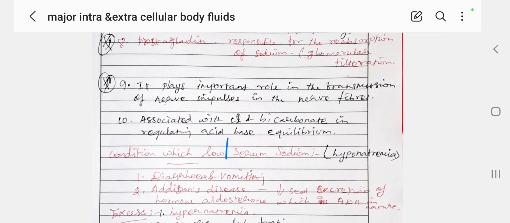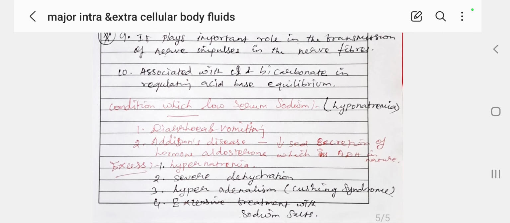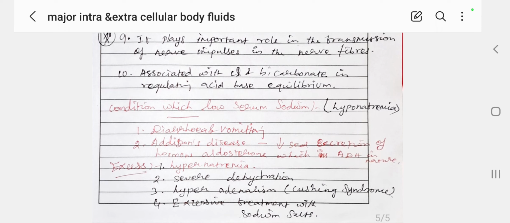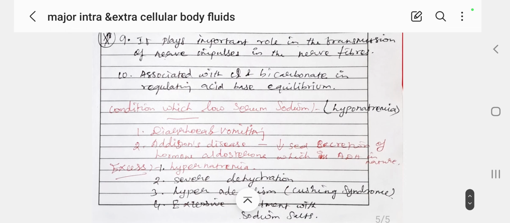Now we'll see what symptoms form when the sodium level is low or high. Hyponatremia is a low serum sodium level. Examples of causes are diarrhea and vomiting, Addison disease, or increased secretion of the hormone aldosterone and antidiuretic hormone.